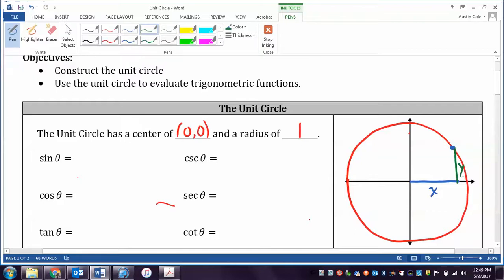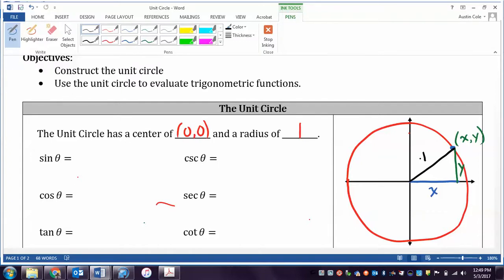Right? So to get to this point is the point x comma y. In a general sense, we went over x units, up y units. And our radius is always 1.